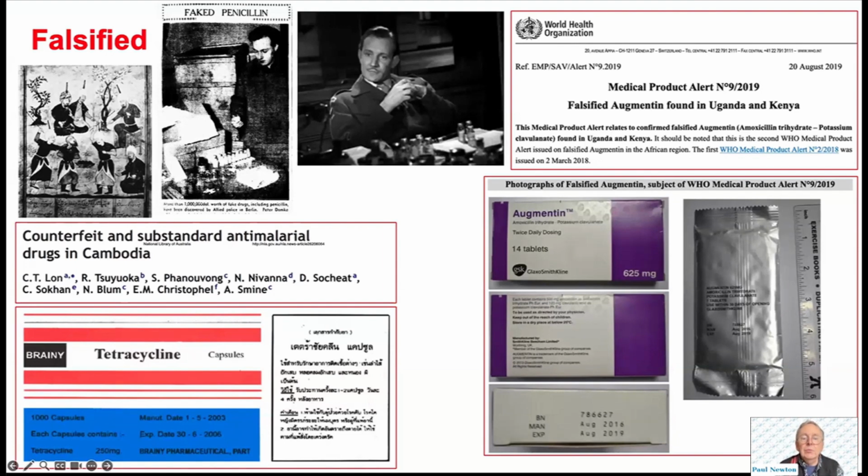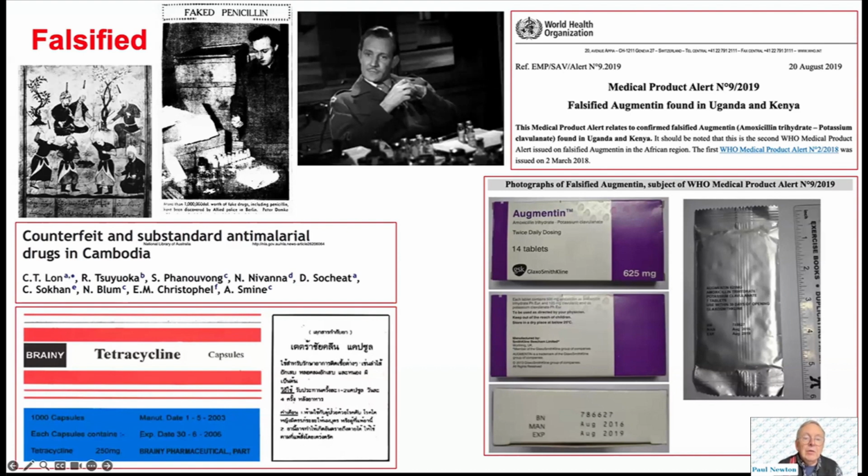One particularly difficult example was in post-war Europe when penicillin was available really for the first time outside of times of war, and there was a big trade in fake penicillin in the mid-1940s, as illustrated there from a newspaper report where a group of German and American soldiers sold more than $1 million worth of fake penicillin in Berlin.